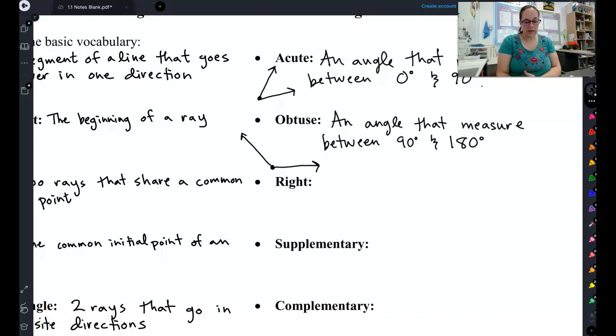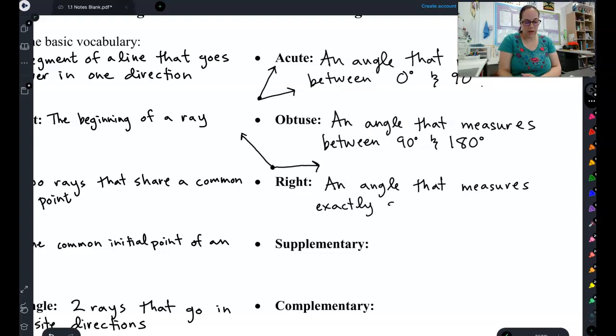And we have a right angle, which is an angle that measures exactly 90 degrees. Now, something to keep in mind, a right angle must be exactly 90 degrees. If that angle measures 90.1, that is not a right angle. That is an obtuse angle.